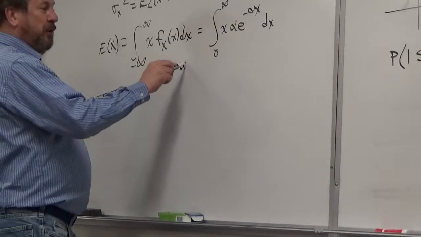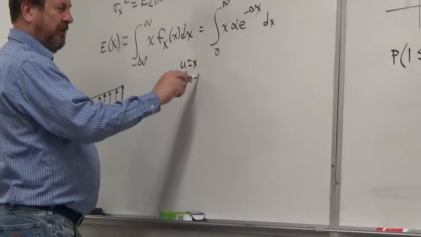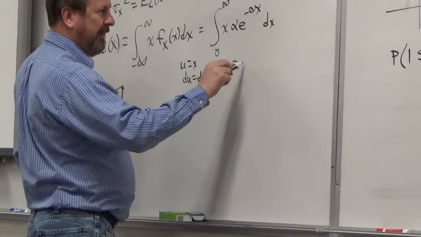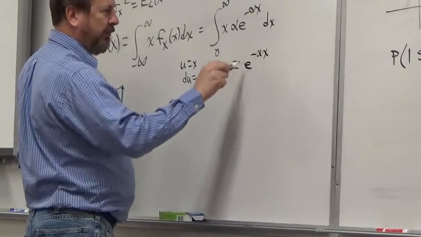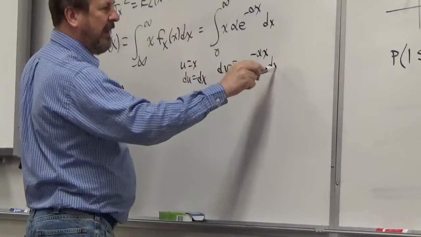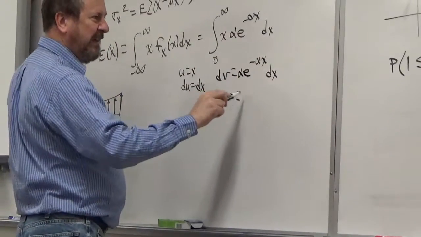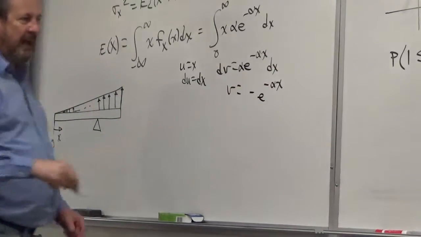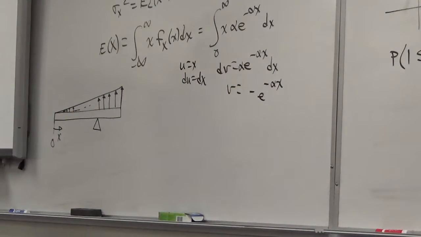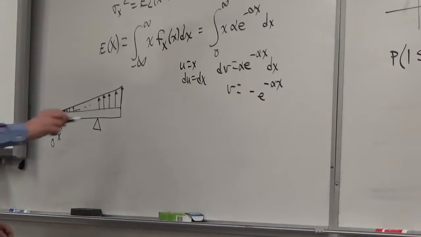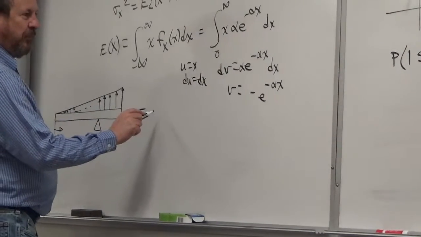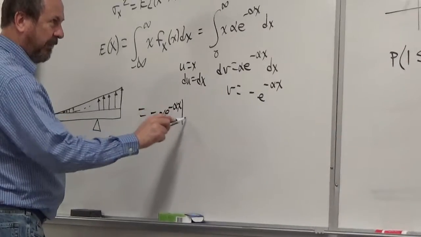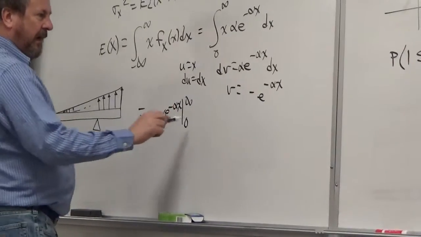You remember u equals x, du is dx, dv is alpha e to the minus alpha x dx. And if you integrate that, v is negative e to the negative alpha x, and the alpha in numerator and denominator cancel. Okay, so the answer is uv, negative x e to the negative alpha x from 0 to infinity.